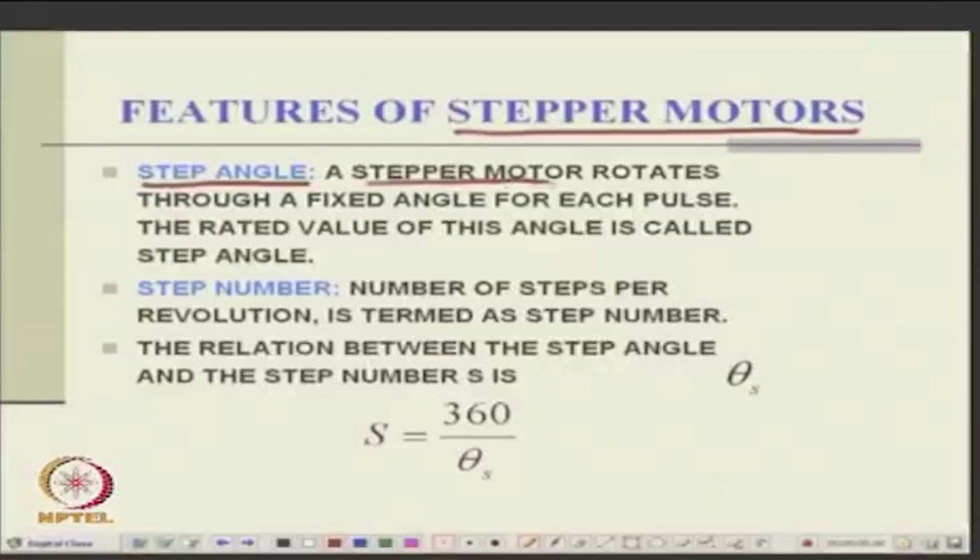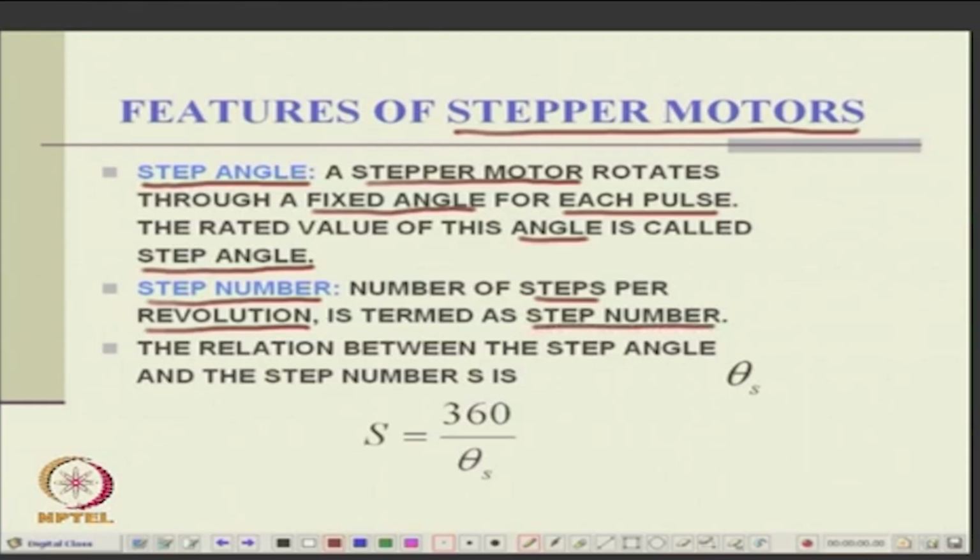Now, the features are: a stepper motor rotates through a fixed angle for each pulse, and the rated value of this angle is called the step angle. How much angle it will move in a pulse when you give a pulse. And there is also the step number, that is the number of steps per revolution. How many steps it will move per revolution is the step number.